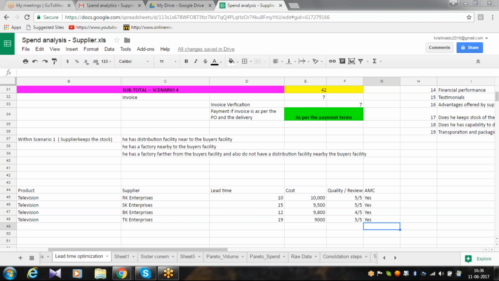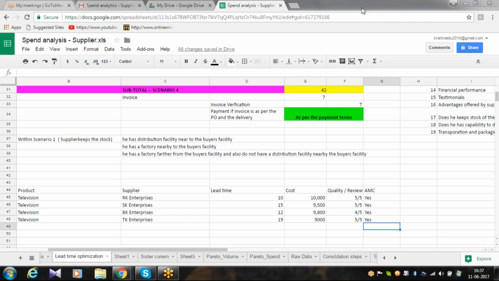So Poonam, we were studying two topics today. The first topic is lead time optimization, and second is order consolidation. Right now we have already covered a few points on lead time. Now we are trying to make a decision. So whom should we actually allot the order? I have one product and four suppliers. The product name is television, and I have four suppliers: RK Enterprises, SK Enterprises, BK Enterprises, and TK Enterprises.